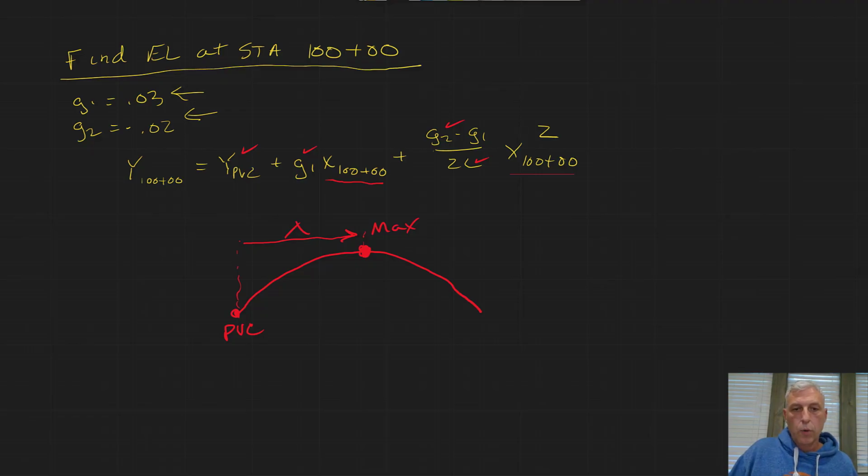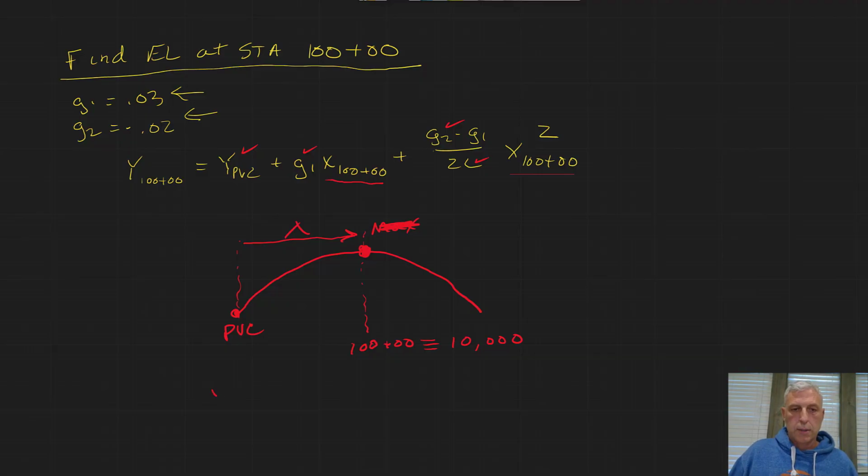But remember, we already have a station here, right? This is station 100. I'm sorry, this is not the max of our curve. This is just the elevation of station 100 plus 0, 0. So station 100 plus 0, 0 is equivalent to 10,000 in distances, right?